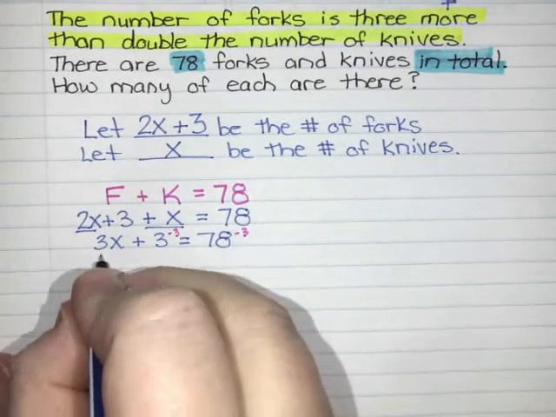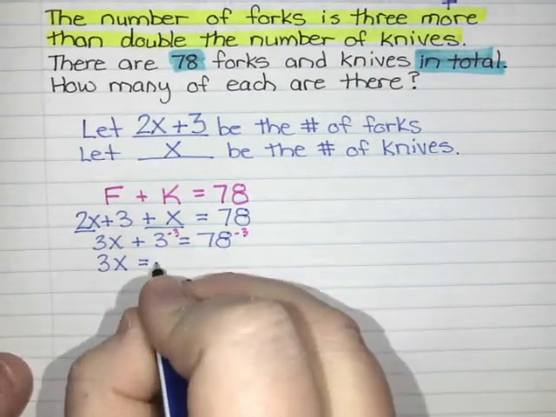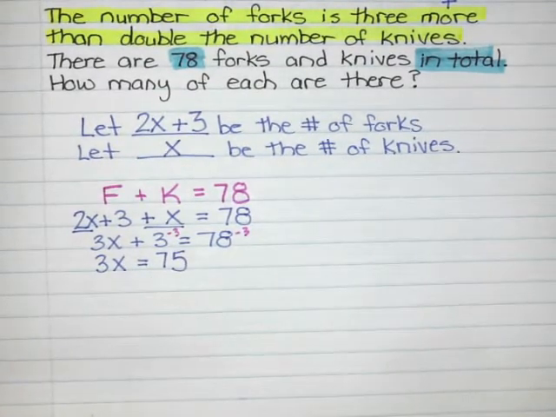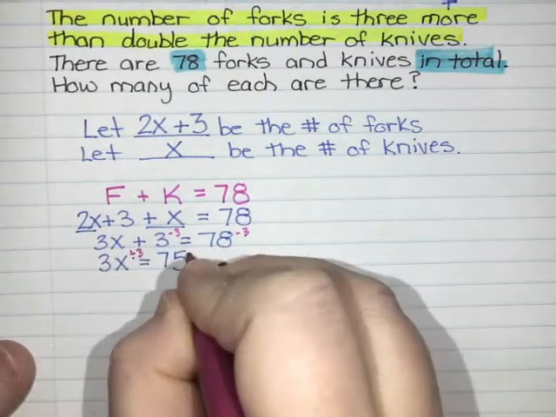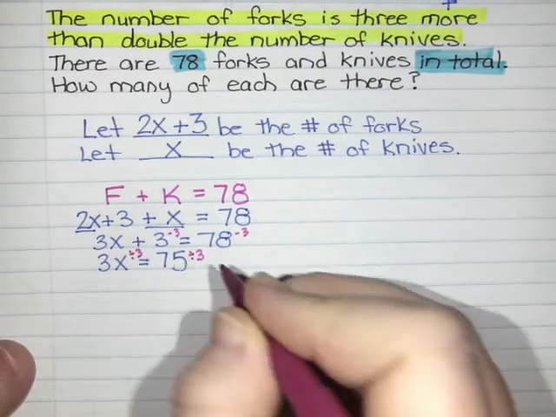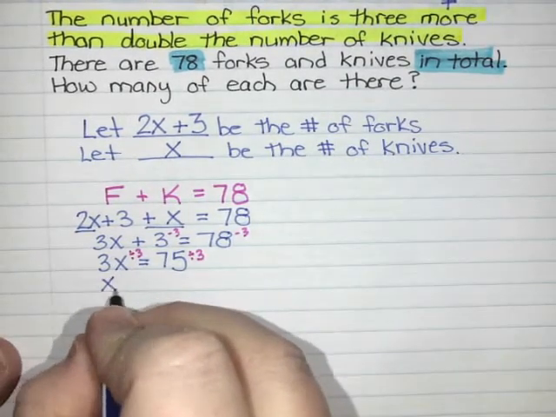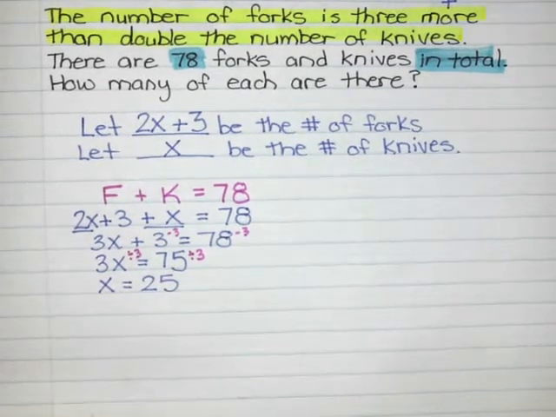So 3x equals 78, take away 3 is 75. And then I am going to divide both sides by 3. So 75 divided by 3 is 25. So I got that x equals 25.